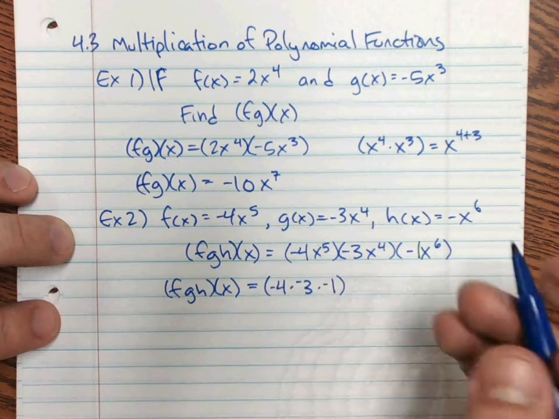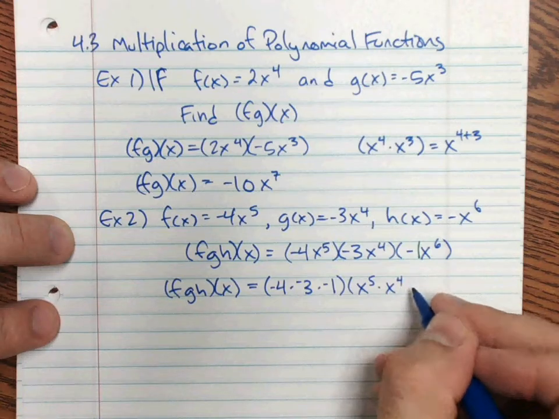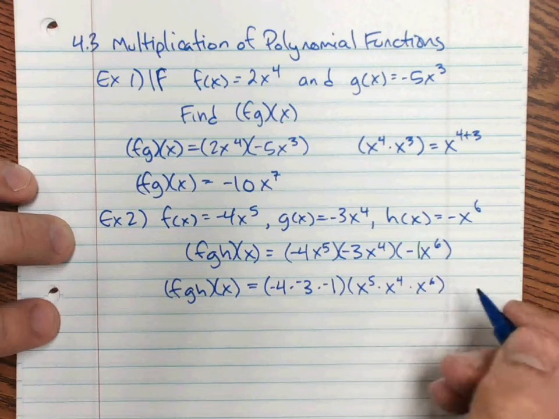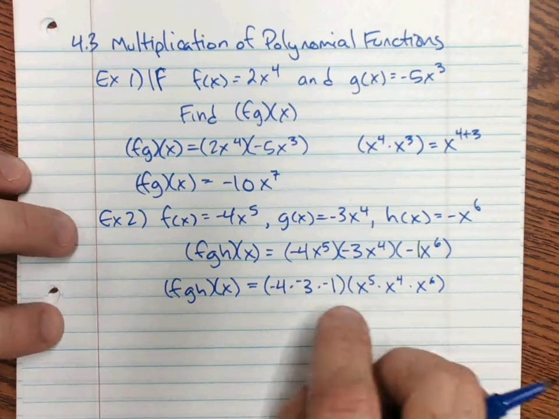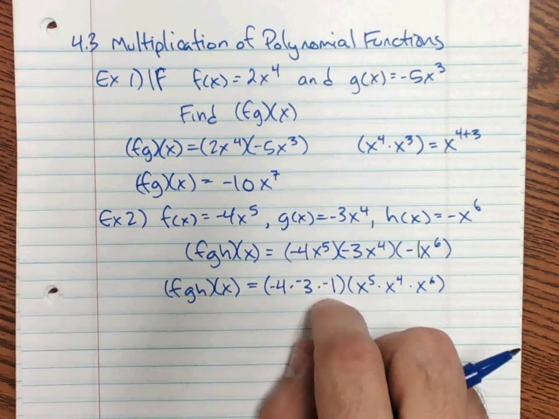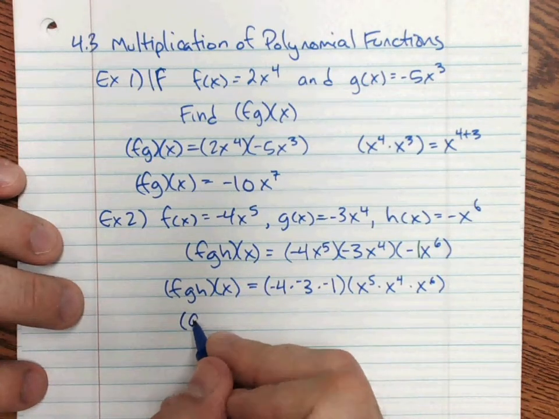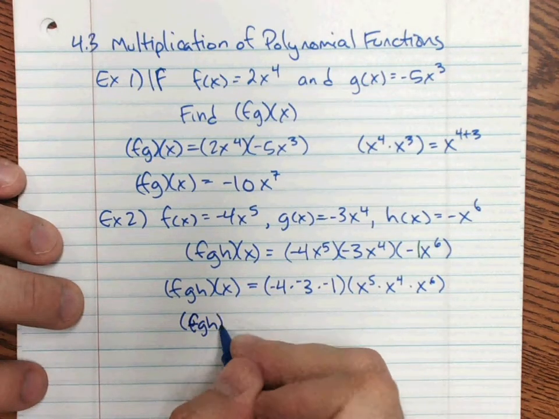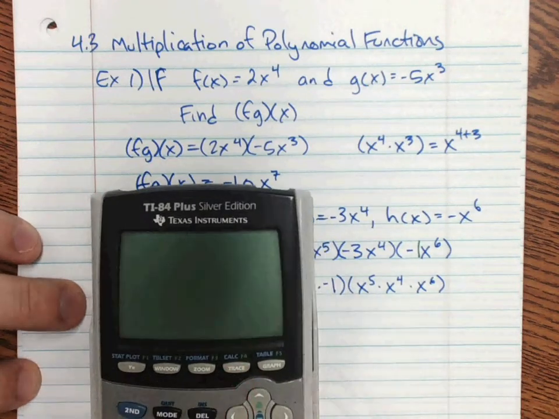And then we're going to put all of my x's, x to the fifth, x to the fourth, and x to the sixth in another set of parentheses. Now the reason I do this, it's nothing terribly complicated, it's just because it helps me personally to keep track of everything. And so I'm going to continue down this road and say negative 4 times negative 3 times negative 1, in case you wanted to see that.